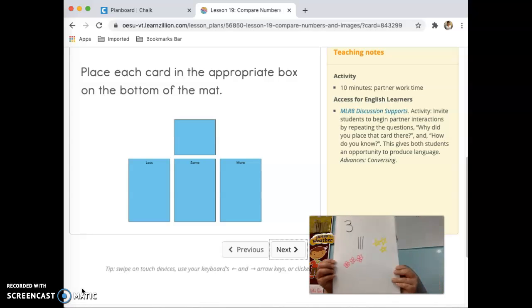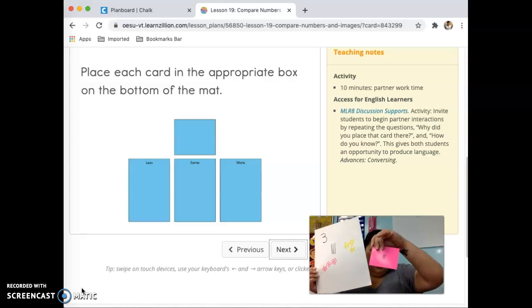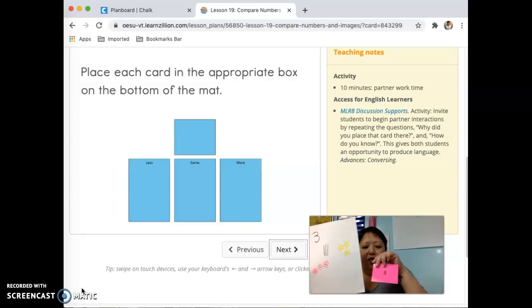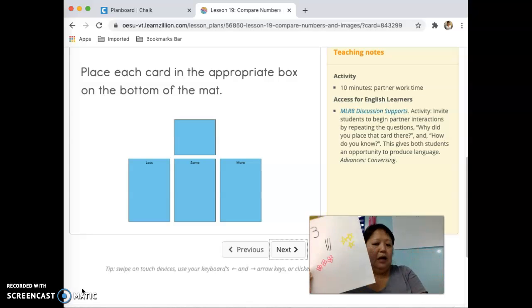But you could, however, use your sheet and then you could use your cards. Okay, and then you could just say, this is the number 8, and I have 3 on my board. So which one is the bigger number? Well, I know that 8 is bigger than 3. So you could do that sort of comparing too. And that would be a great activity for you to do.